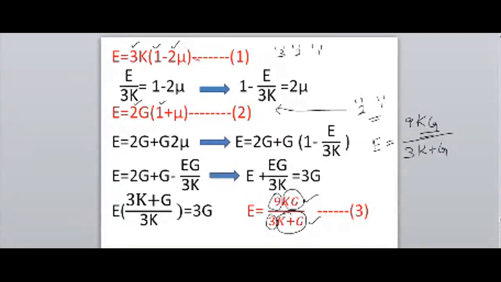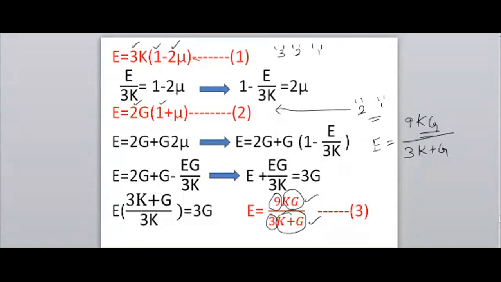Therefore, the second chapter of this unit is closed. Here in the second chapter, the main important thing is 3 derivations. First derivation is volumetric strain.